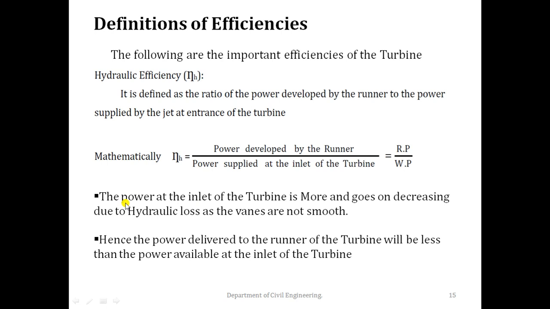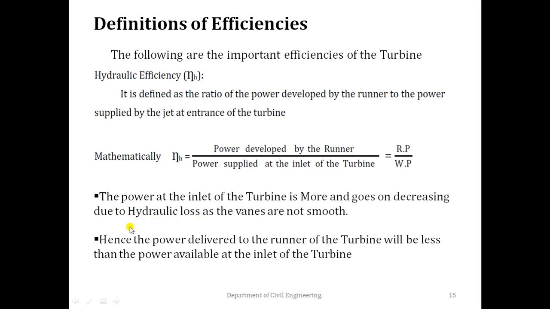Now, the power at the inlet of the turbine is more, and it goes on decreasing due to hydraulic loss. So, initially the vanes are smooth, since even the water has certain sediments, so due to friction the blade surfaces become rough, and hence as the water hits the turbine there will be a certain hydraulic loss.